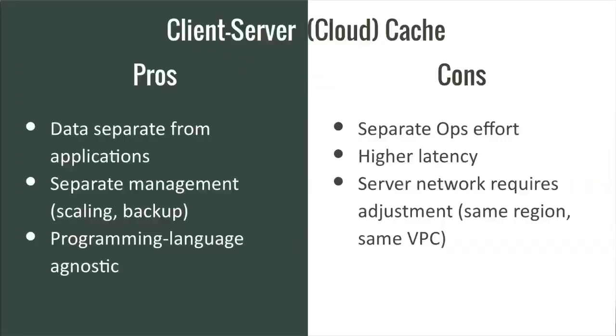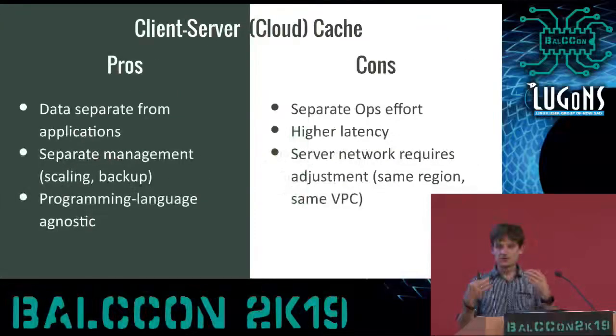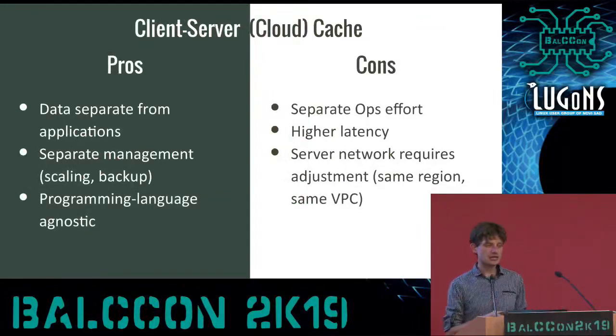So pros and cons of client-server and cloud solutions. The good thing is that data is separate from the application. It has separate management, which means that if there is some peak in using the cache server, we can just scale it up very easily without touching our application. And it's programming language agnostic.